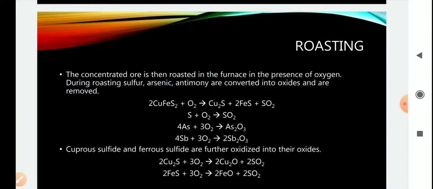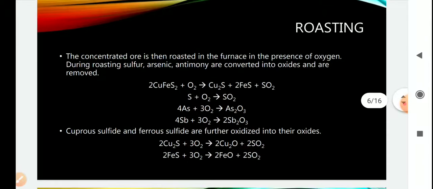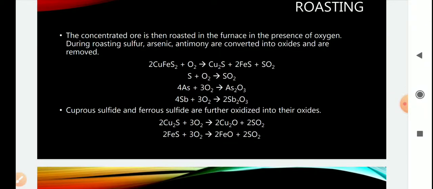So if you think about copper pyrites, by the roasting process in the presence of oxygen, it will be converted to cuprous sulfide, that is Cu2S, and then ferrous sulfide, then sulfur dioxide. So ultimately we can separate the copper and iron from the ores, and they are in the sulfide form.